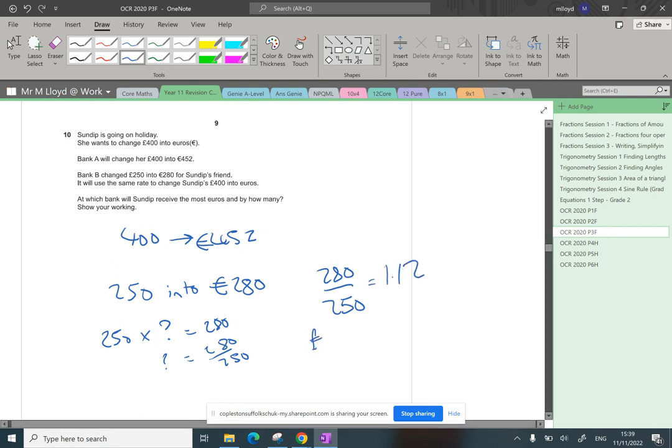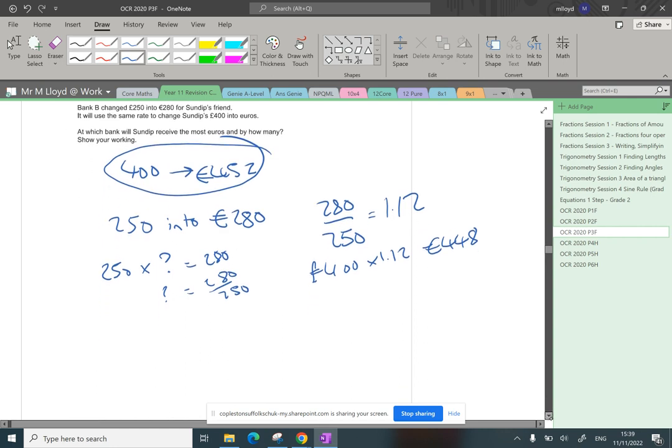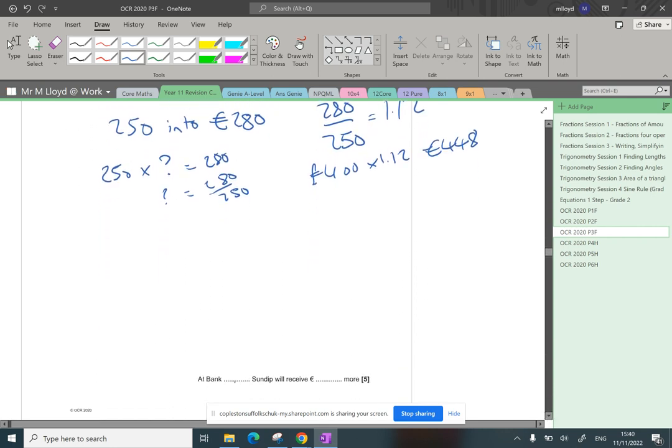And then we're going to multiply the £400 by the 1.12 to see what Sundip would get at that bank. And it's 448 euros. So actually, Sundip is better off at Bank A. So we'll go back down there, and it says at Bank A, Sundip will receive €4 more, because the difference between the 452, take away the 448, is 4.